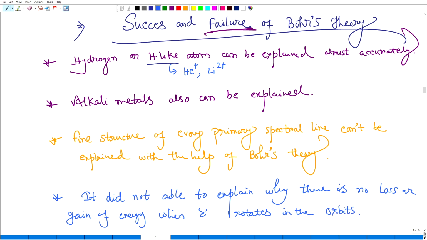Correct. So this is the main drawback, we can say. So this was the success and failure of Bohr's theory.